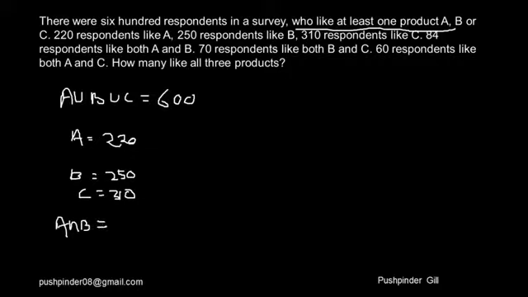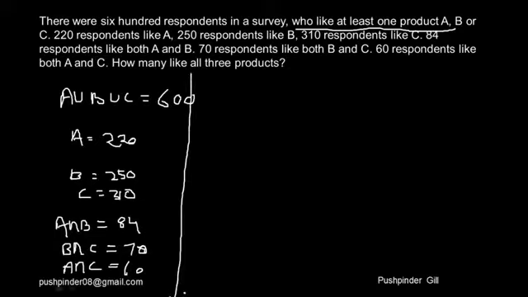That is equal to 84. What is B intersection C? That is equal to 70. And what is A intersection C? That is equal to 60. So this is everything I know, what he has given me through the question.